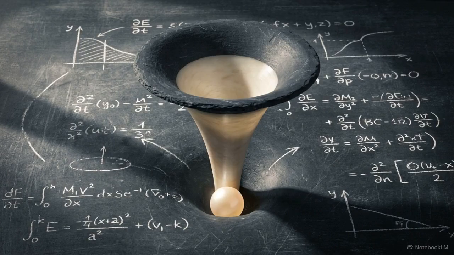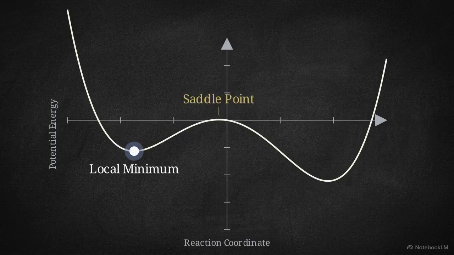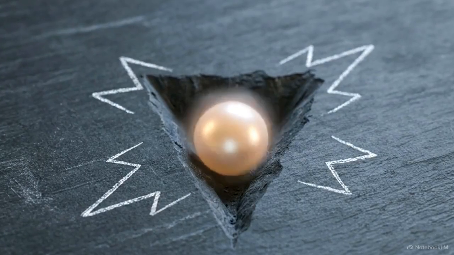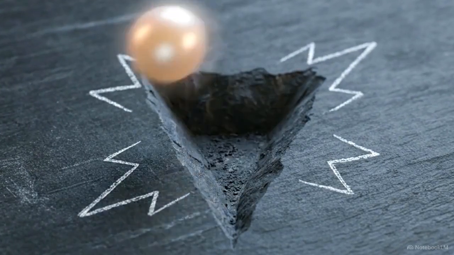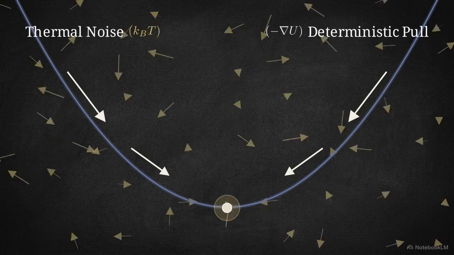This introduces a structural paradox. If the calculated force gradient always pushes the system downhill into the nearest local minimum, how does a molecule ever climb over a saddle point to find the global minimum? The mathematical descent is counteracted by kinetic energy, defined in the simulation by the temperature variable, or kBT. This thermal energy acts as random vibrating noise.